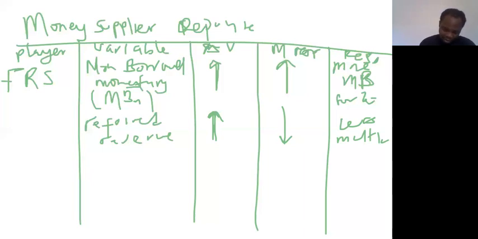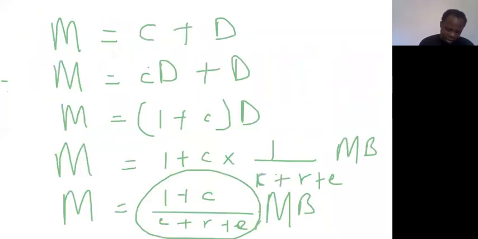And when you go into the mathematics, let's look at something. We have this as the monetary base, and this is our money multiplier, right? Now when this one goes up, what happens to the expression here? It comes down. So when R goes up, the money multiplier comes down.